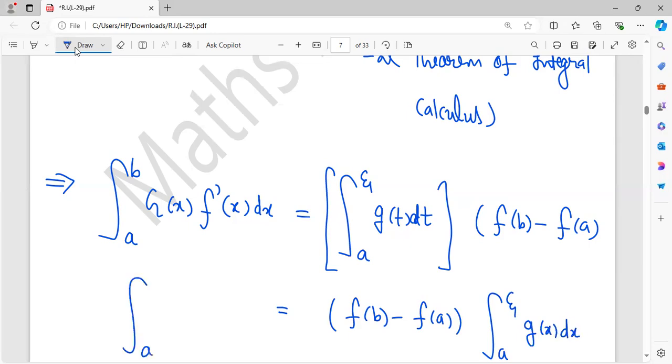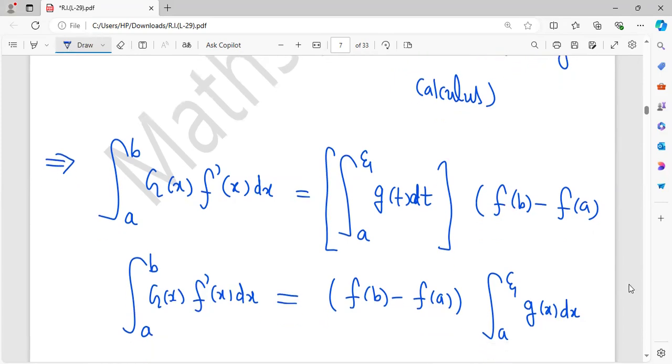So this is integral a to b G x f dash x dx. So this is equal to this.